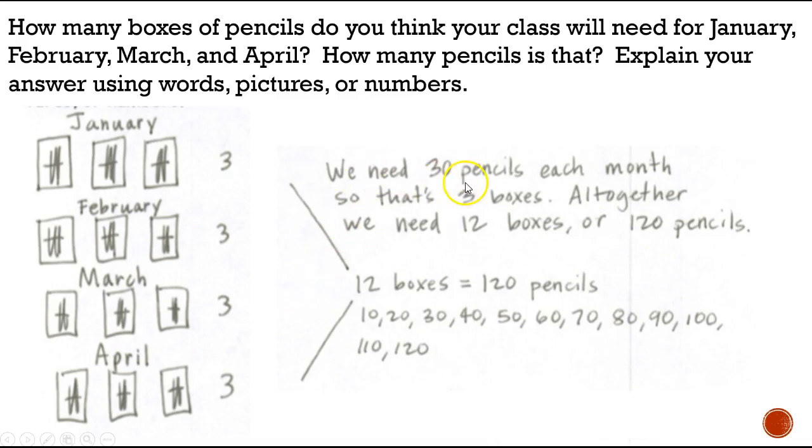So we would need 30 pencils each month. So that's 3 boxes each. We need 12 boxes or 120 pencils. 12 boxes equals 120 pencils. And then here I just showed that I counted by 10s for each box.